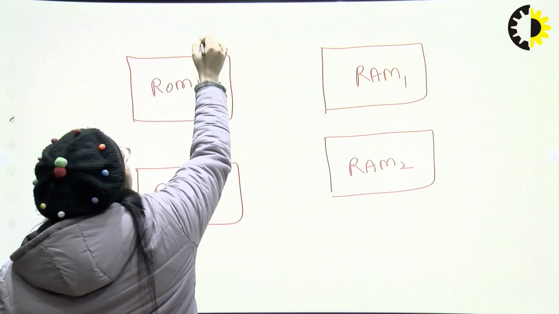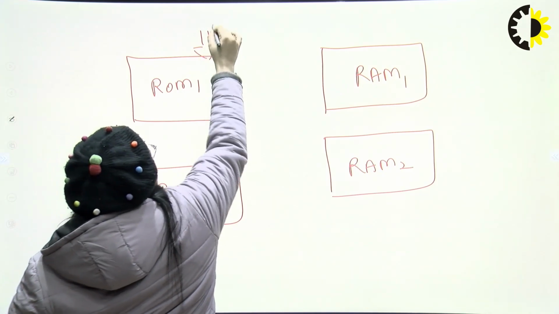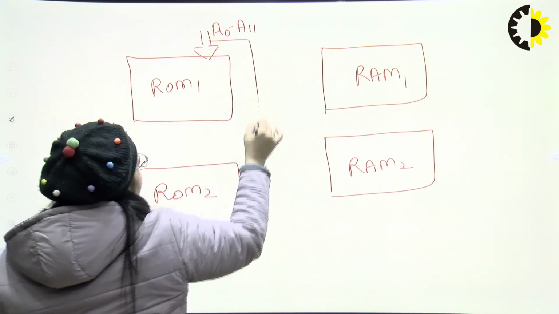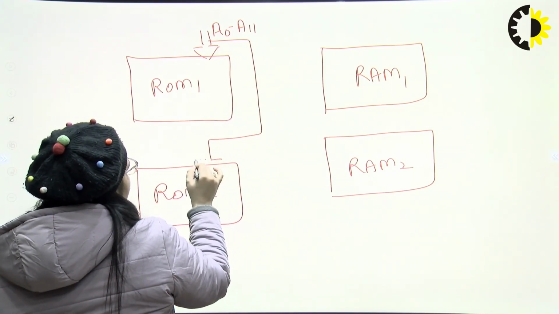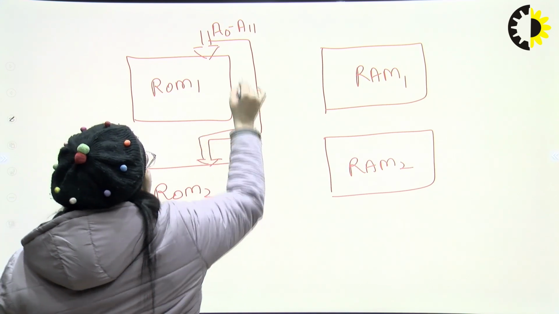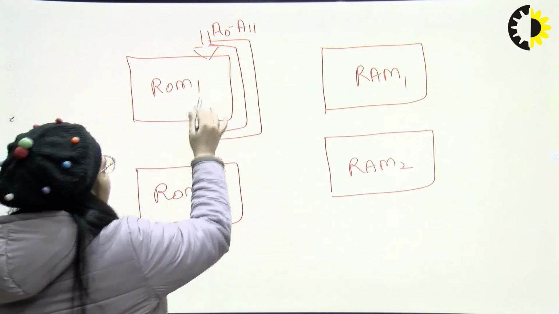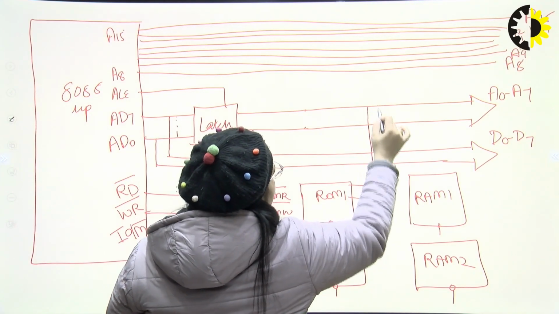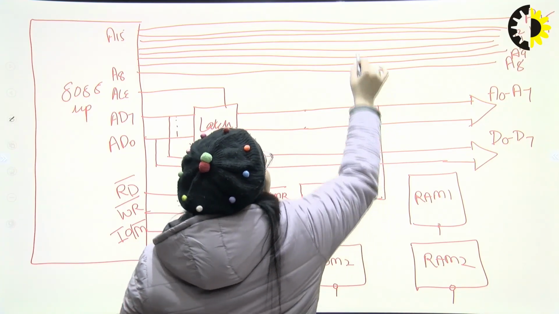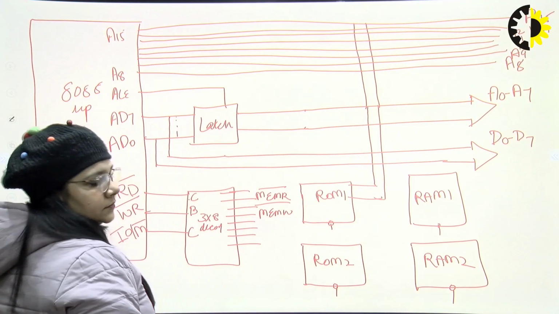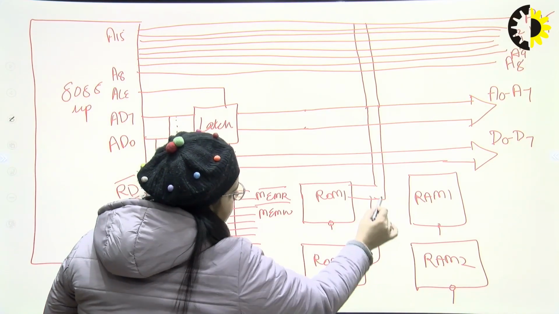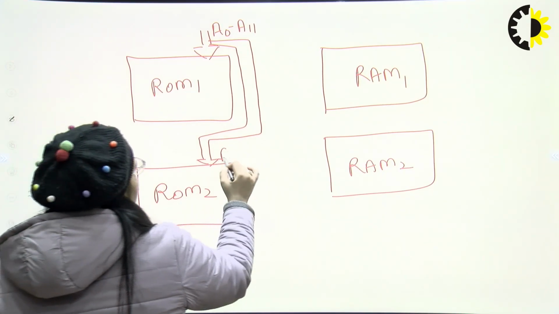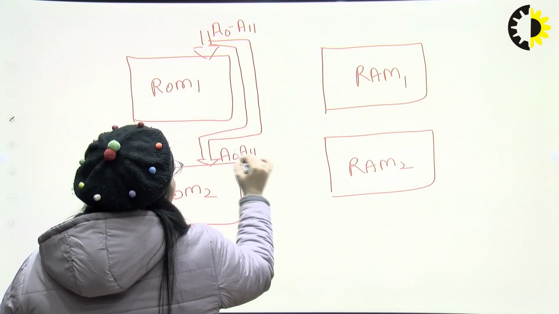For ROM, it will be A0 to A11, and I can put these address lines here also. And these address lines I will connect from this and the above address lines also. Similarly, this will go here also. Address lines A0 to A11.